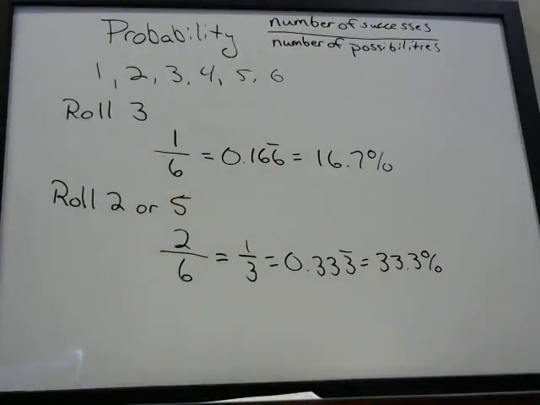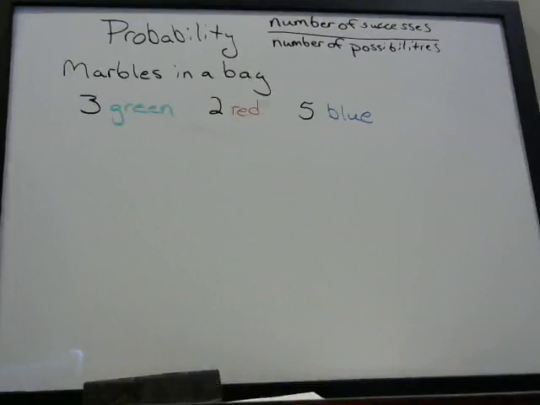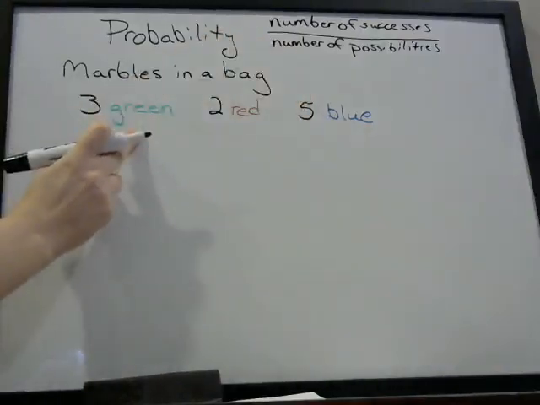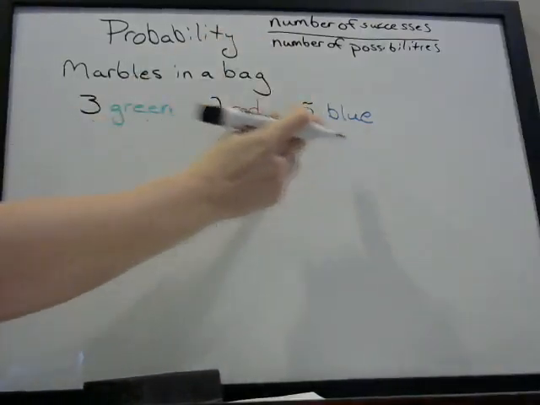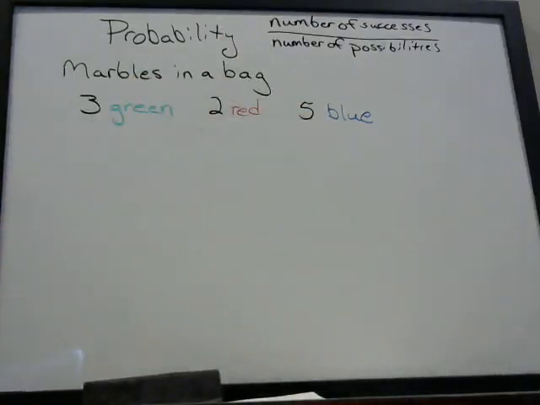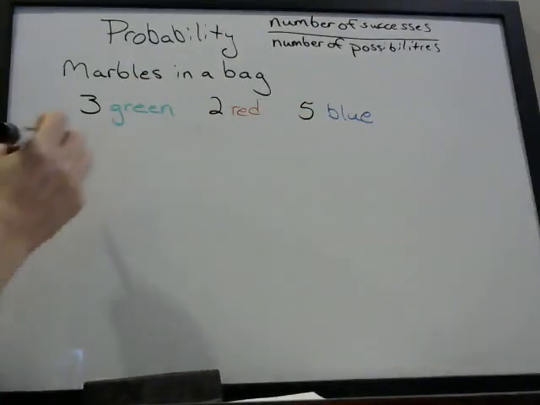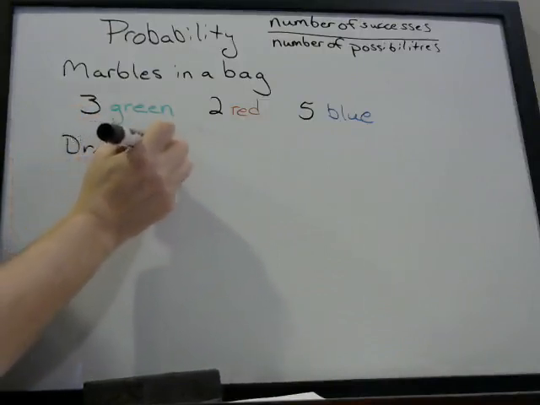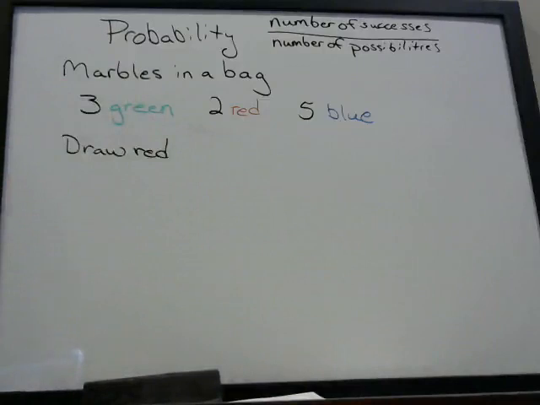I'm going to take a pause and put another type of question up. Let's say we have marbles and we've put them in a bag. We have 3 green marbles, 2 red marbles, and 5 blue marbles. We shake them up and we're going to randomly draw one of them. What is the probability that we would draw a red marble?